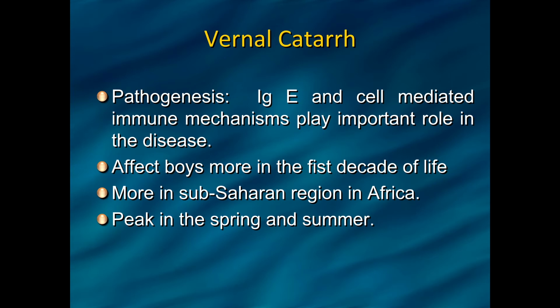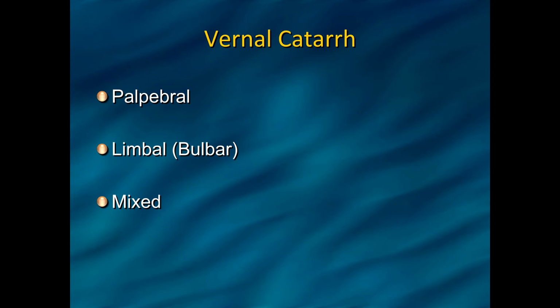It is also common in Saudi Arabia, and peaks in the spring and summer, but we call it spring catarrh, and it took this famous name, and now we are not able to change it into another name, spring catarrh. There are three types of vernal catarrh.